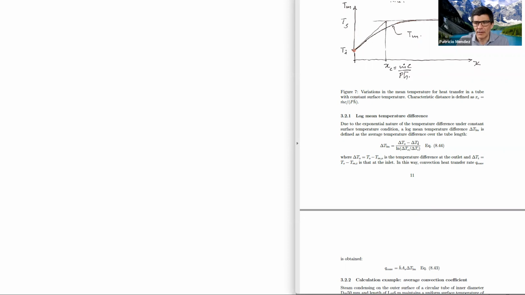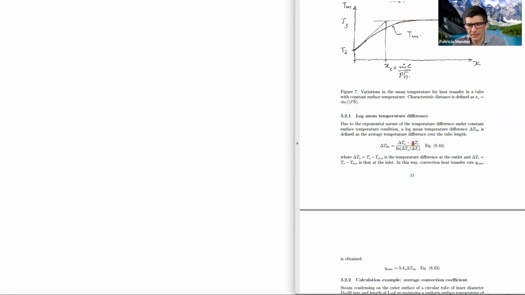Let's say that the outlet is here at XC. So the delta T at the outlet would be TS, we said is constant surface temperature for the pipe, minus this other one here. You see, this one is relatively small. This one is relatively large. So we do the difference, of course.